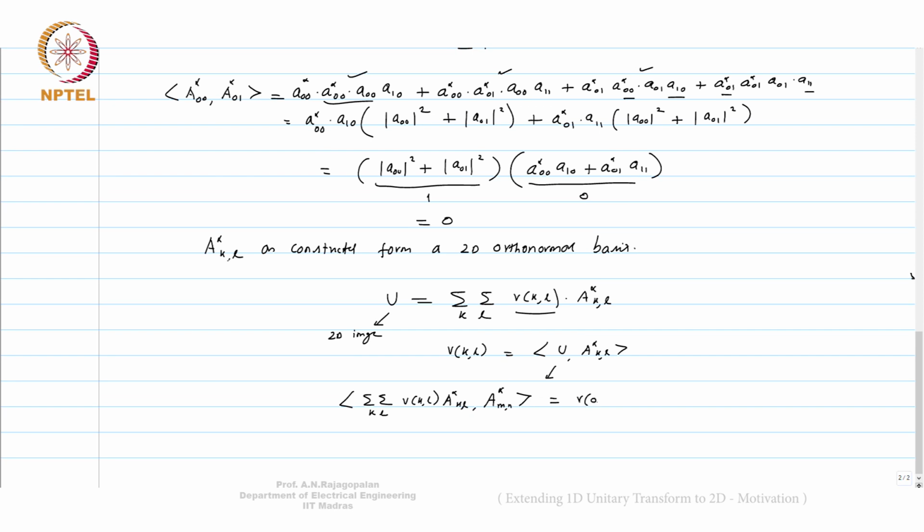Then this will be like inner product V0 0 A star 0 0. Let's say A star, suppose you take 1 1.